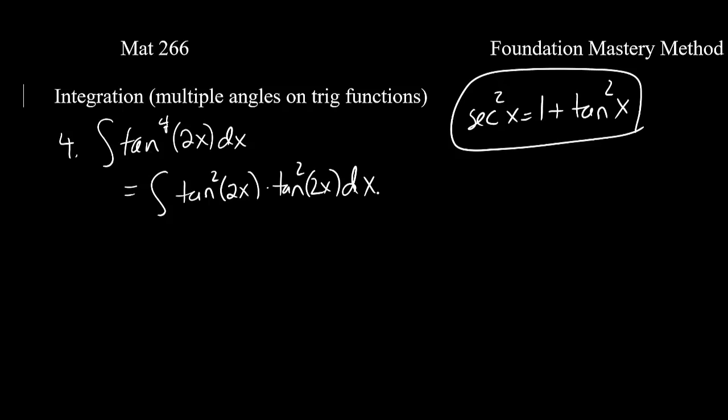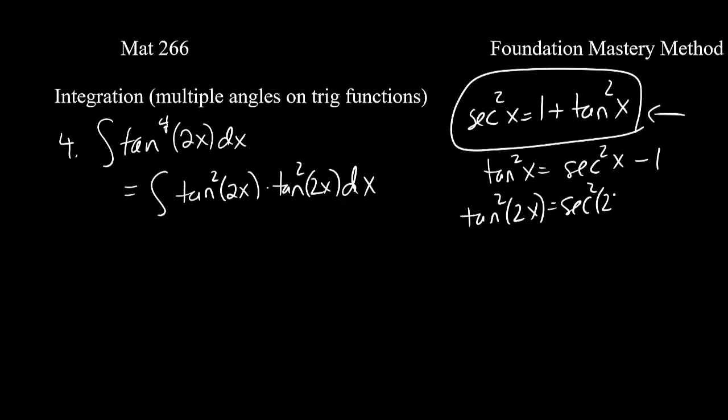Now, why would we do that? Well, because we have an identity here that relates secant squared and tangent squared. And this tells us that we can replace tangent squared of x with secant squared of x minus 1. So that means that we can replace tangent squared of 2x by secant squared of 2x minus 1.